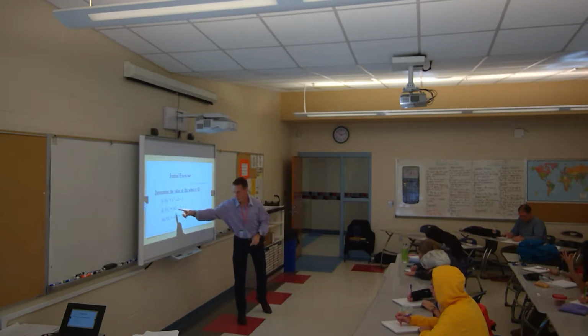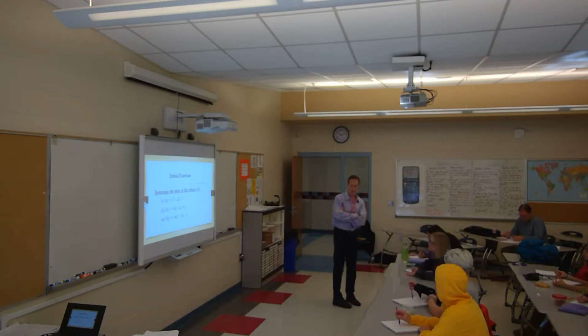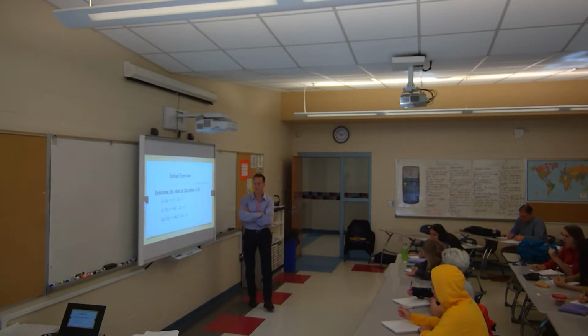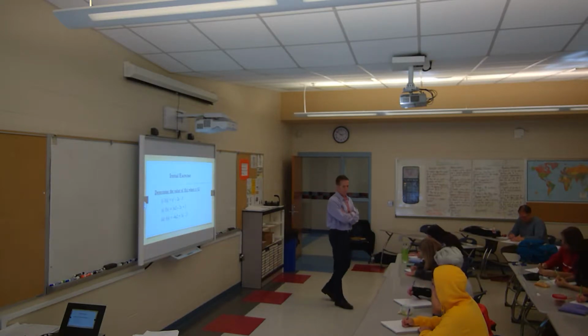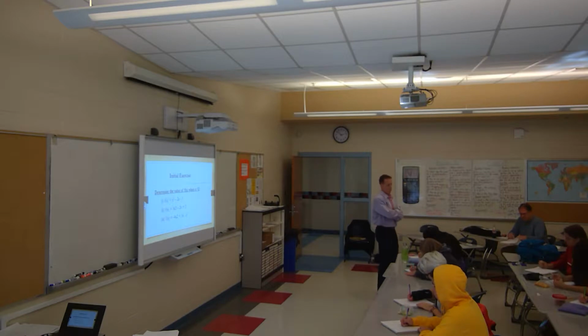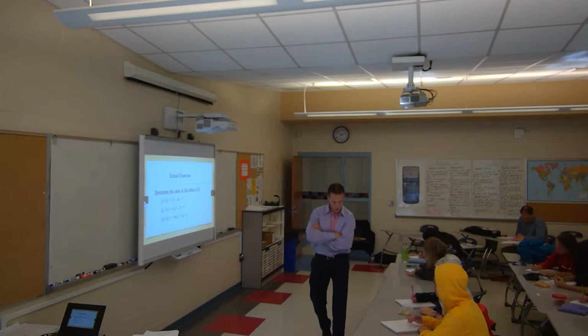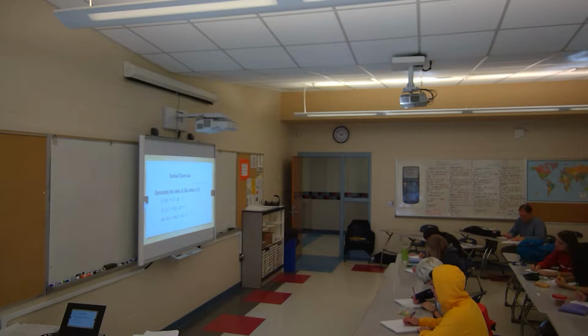These two should be 3x squared, 4x squared. And then 2x is just 2 times x. Talk to your neighbor. Make sure we're all getting the same thing.